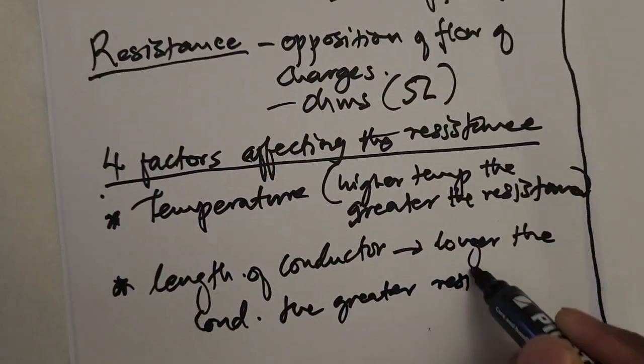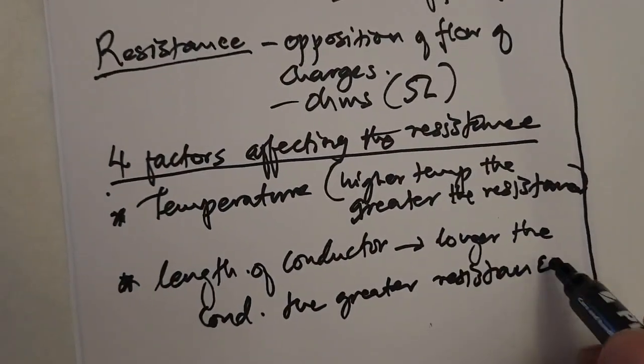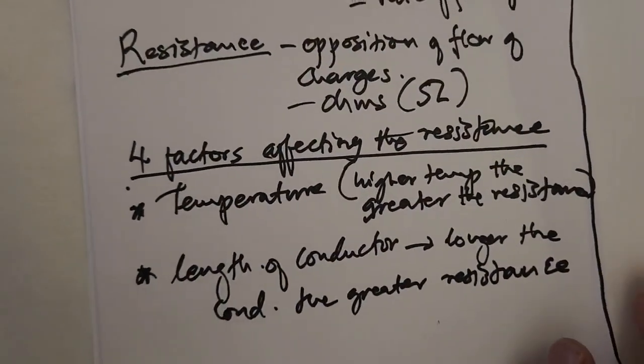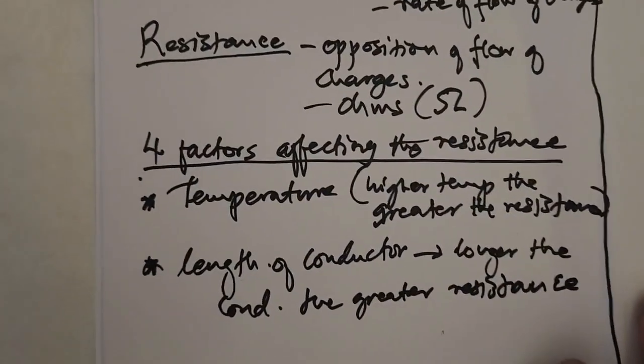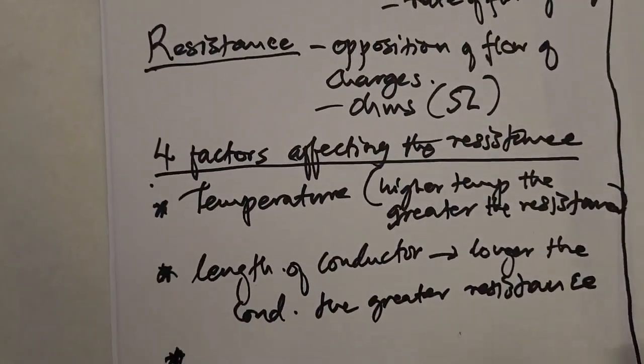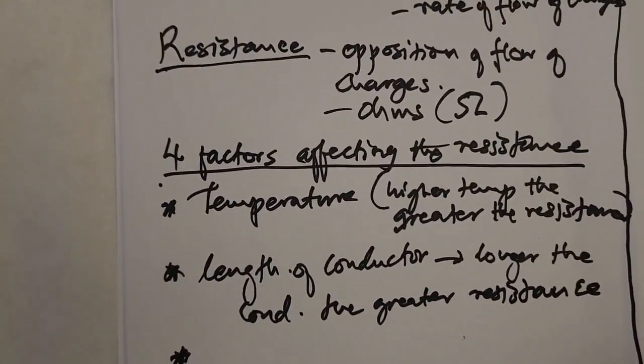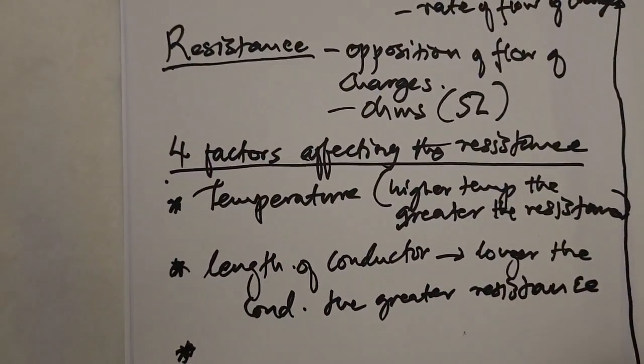You find this in the distribution of electricity by Eskom, where for every certain distance they have a substation to pick up the current that is lost because of resistance building up while the wires become longer.